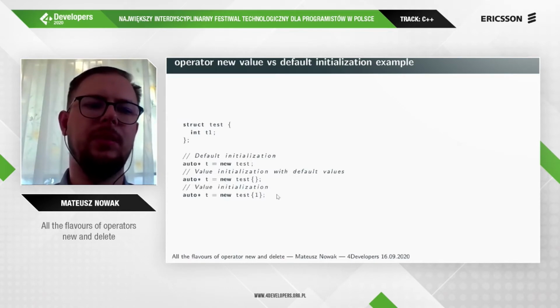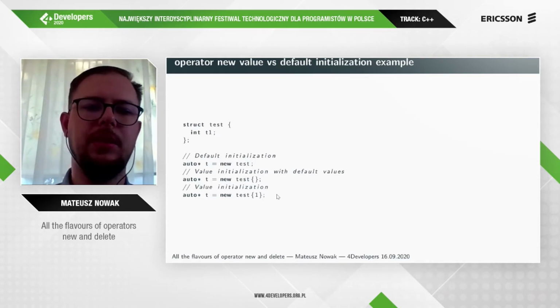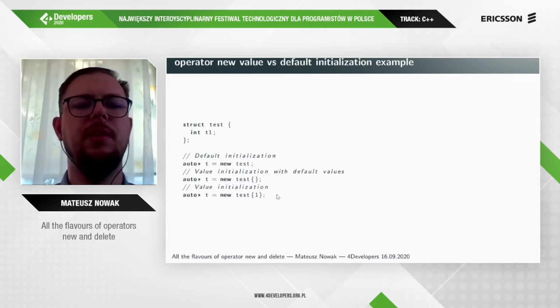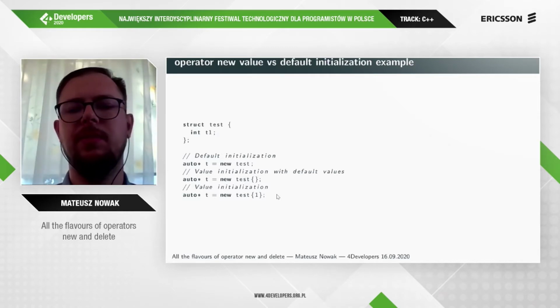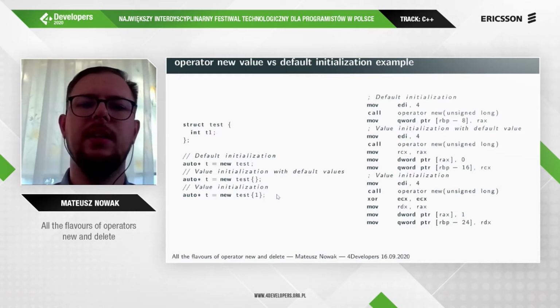We have some struct and try to construct and allocate it with different versions. So with default initialization, with value initialization with default values, and with value initialization with some given value. Let's look at the assembly, how it will be if we have these three versions. For default initialization, it is pretty simple. We have a call to operator new, and then the value returned by it, so the pointer, is stored on the stack. Nothing more.